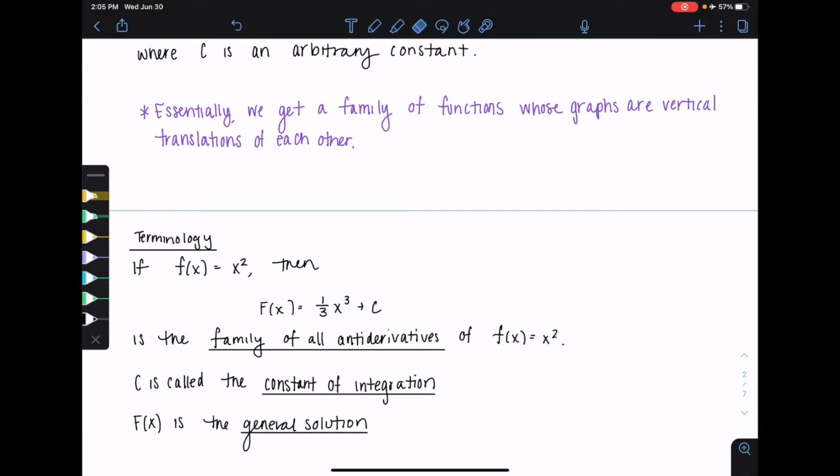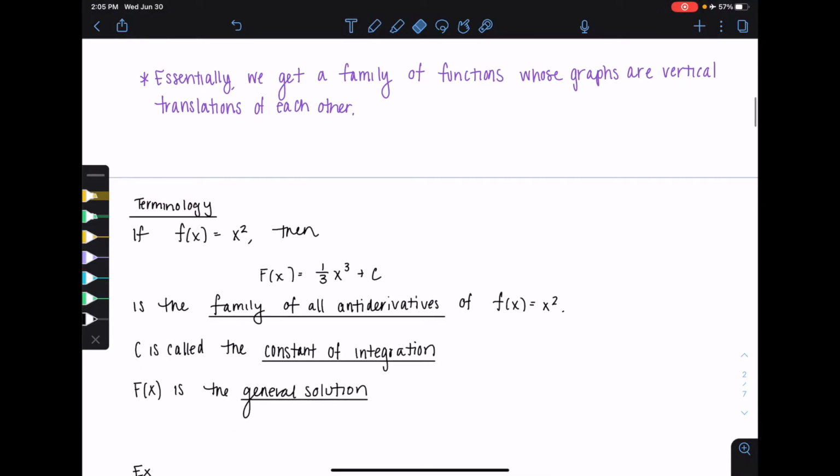And capital F of x is also called the general solution of the differential equation where the derivative f prime is equal to x squared. So basically, you're finding a function whose derivative is x squared, hence differential equation. If you go on to that class, you're going to learn more complicated differential equations, but all it means is something involving the derivatives.